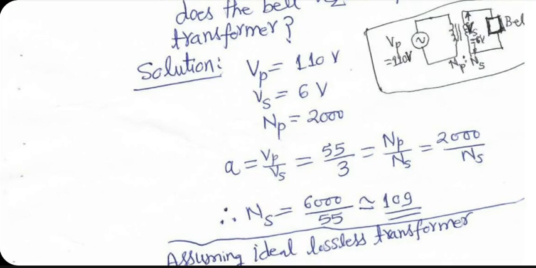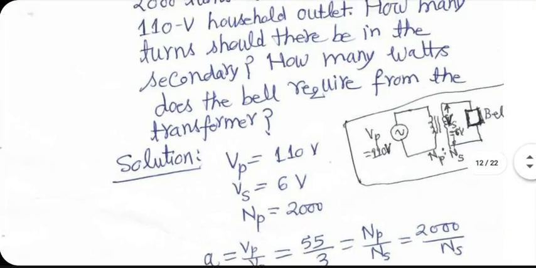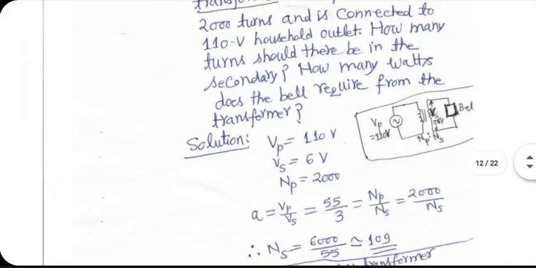NS turns out to be almost 109. So the transformer secondary winding should have almost 109 turns. Then it will give you 6 volt. If the number of turns in the primary were different from 2000, obviously NS would also change accordingly.